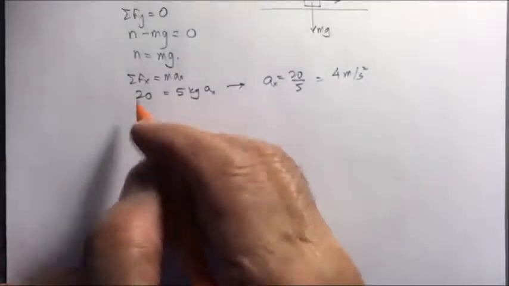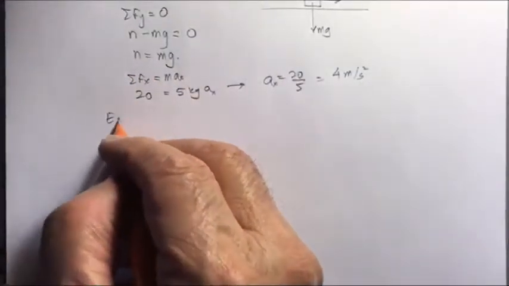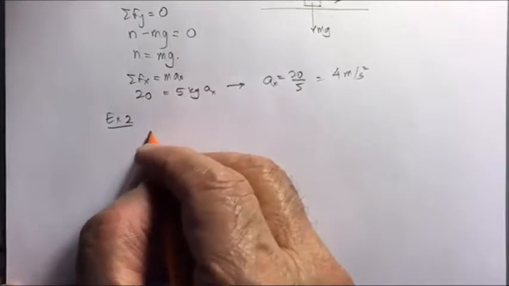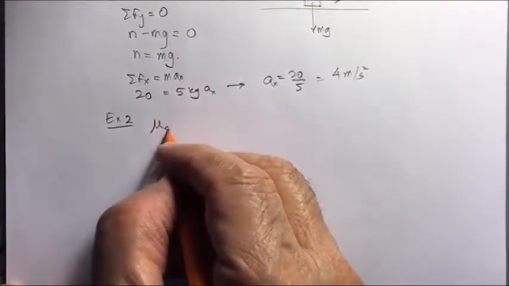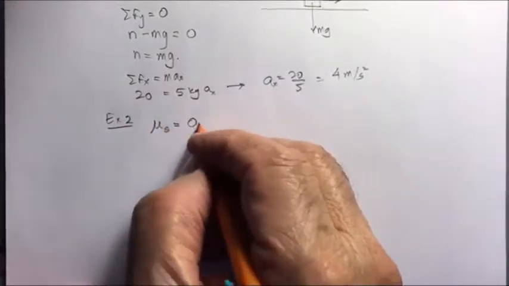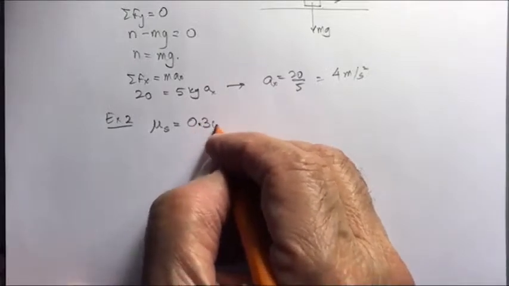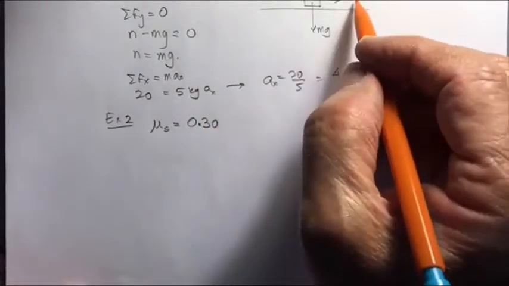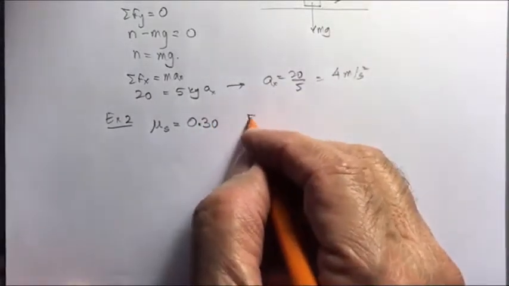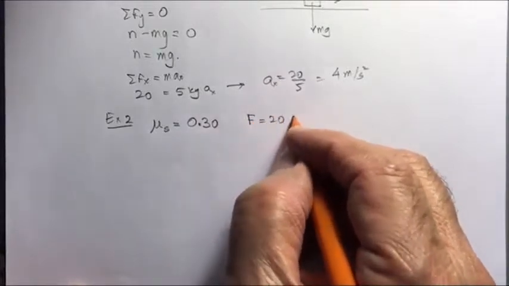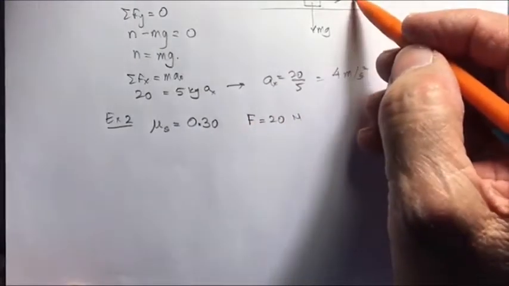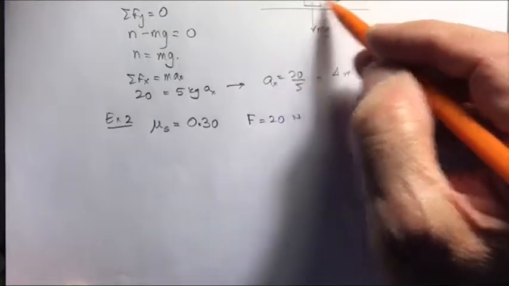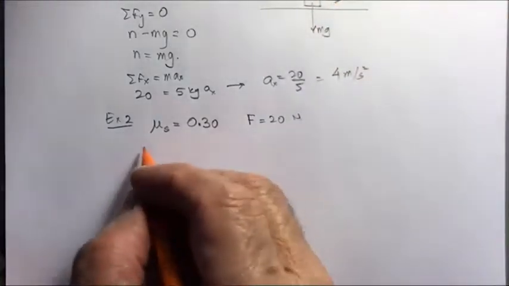Now let's suppose that in this case we have friction and the mu s is 0.3, and the force that's pulling it is 20 newtons. Is this force enough to cause it to start moving? Let's check.